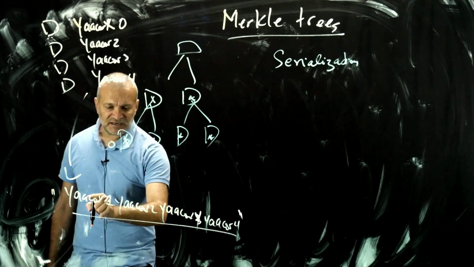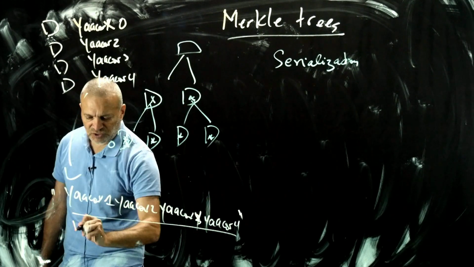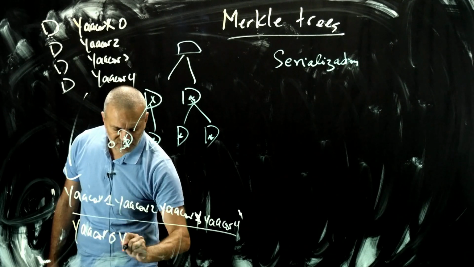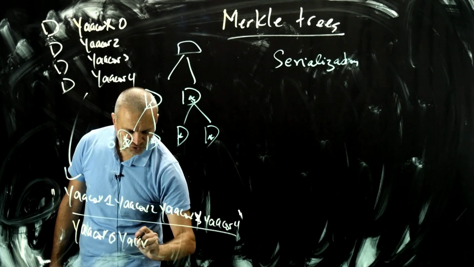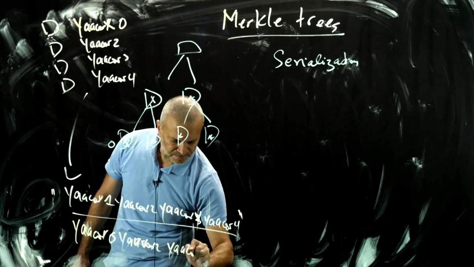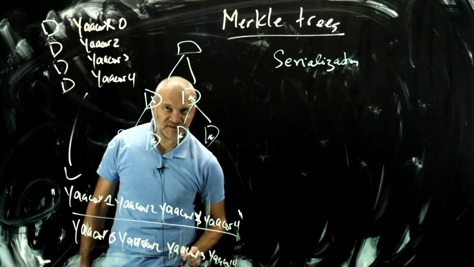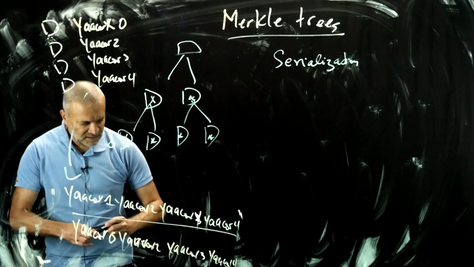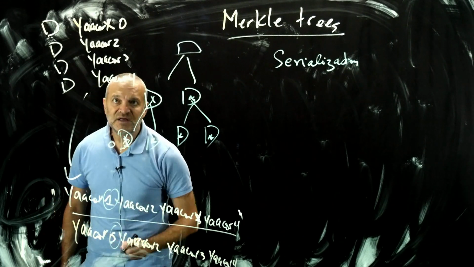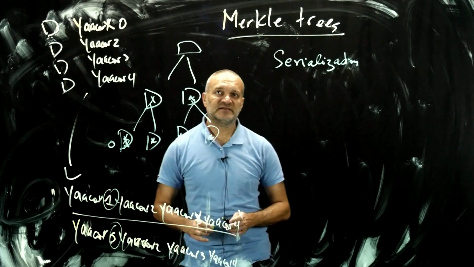This string is going to refer to the old files, but the new string is going to be Yakov0, Yakov1, Yakov2, Yakov3, and Yakov4. You see? Now Yakov1 and 0 are different, and voila! You know exactly that somebody changed the name of a file.